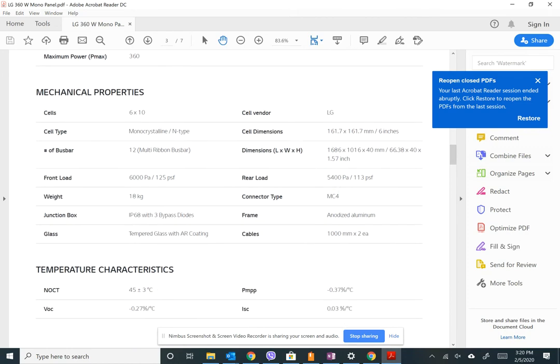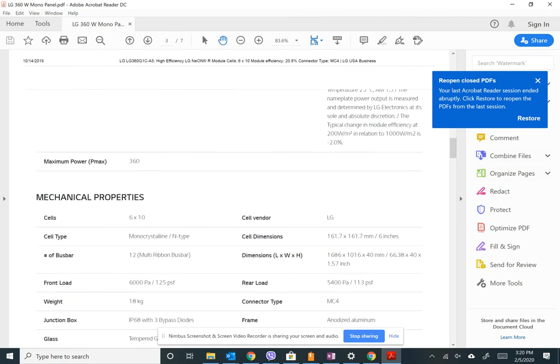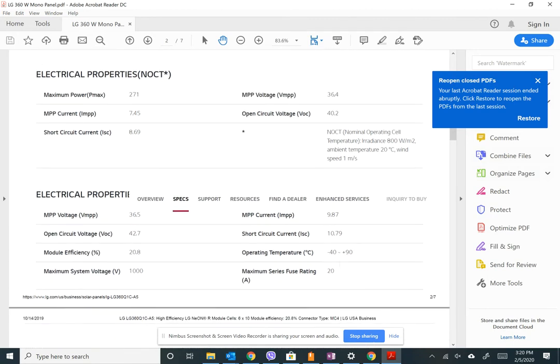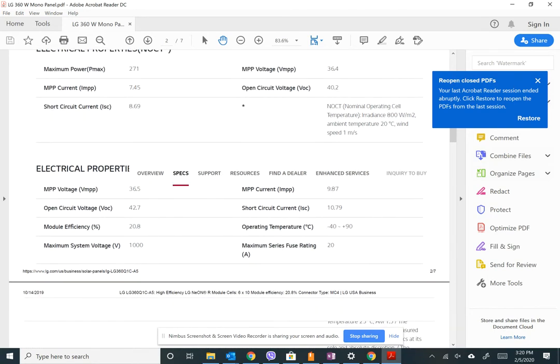And remember, it said STC conditions, so we have to go to the STC electrical properties, so that would be right here. So our MPP current is about 9.87, excuse me. So let's see if I can write on this actually.